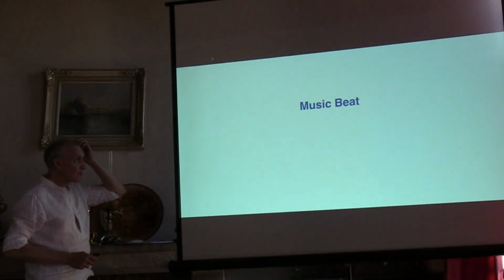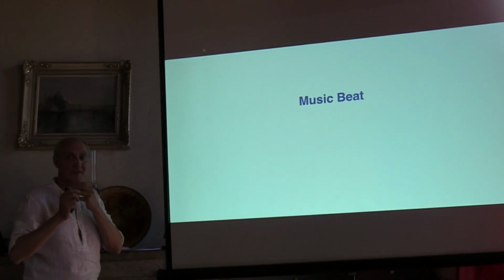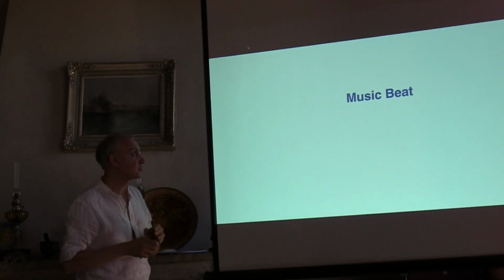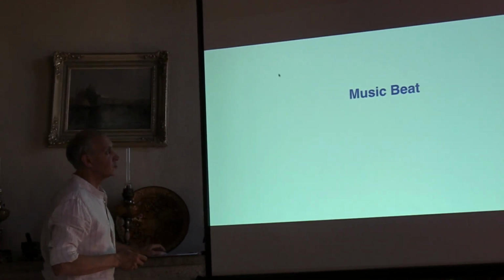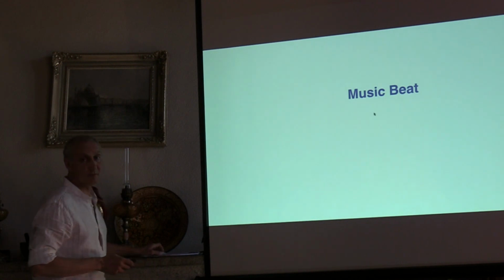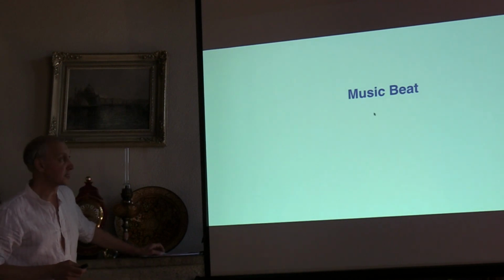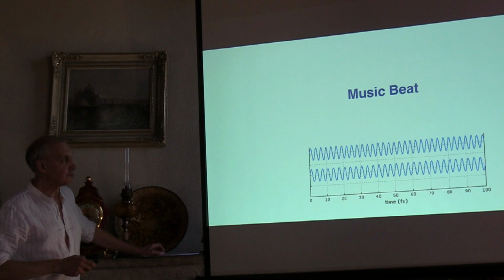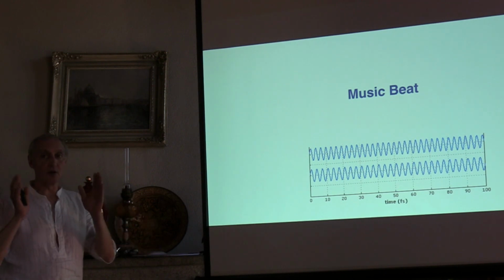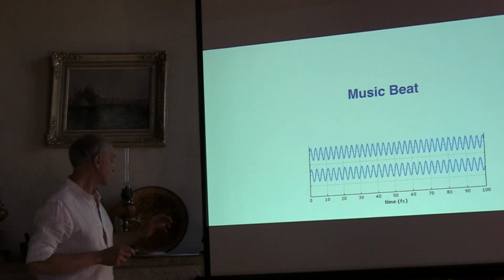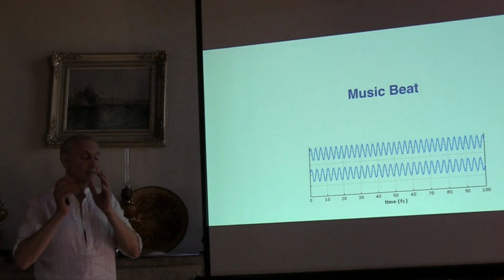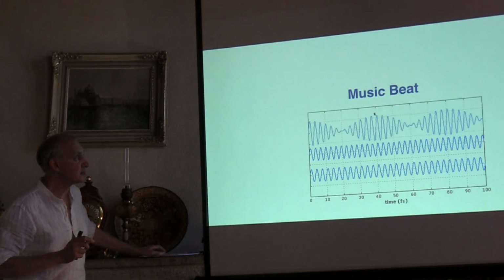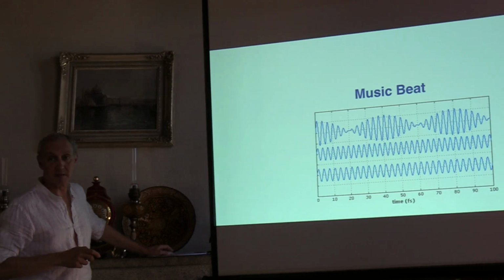So just to explain a little bit about the sound that we are creating with the binaural beat, I have to explain what beat music is. If you have two very close frequencies and you mix them, it will generate a beat.